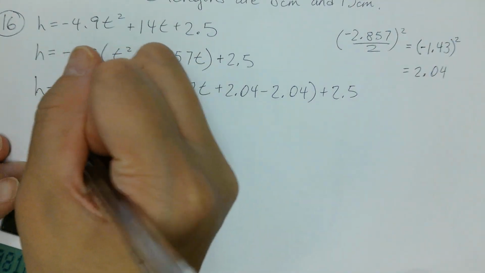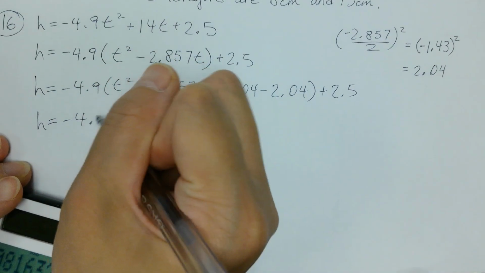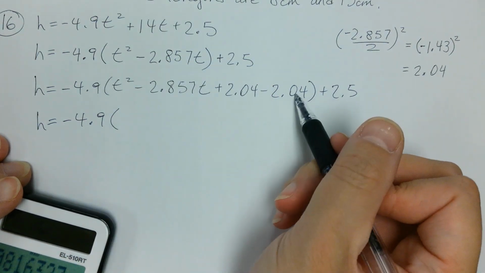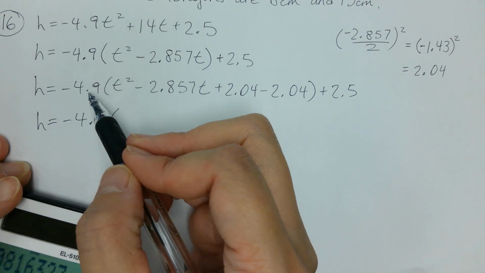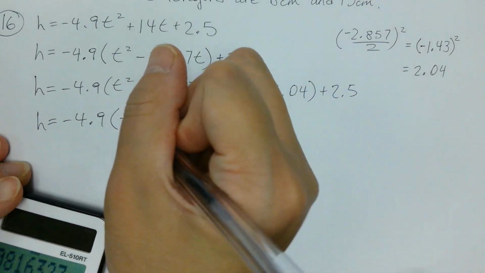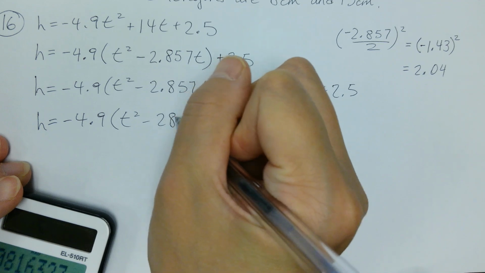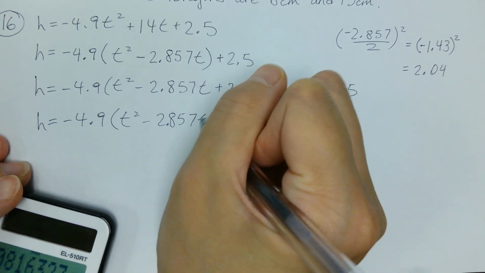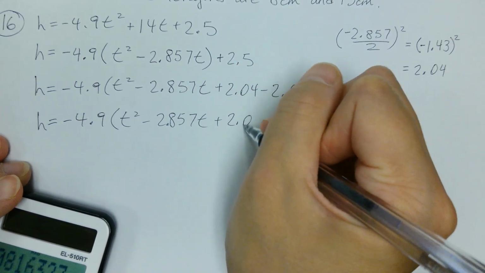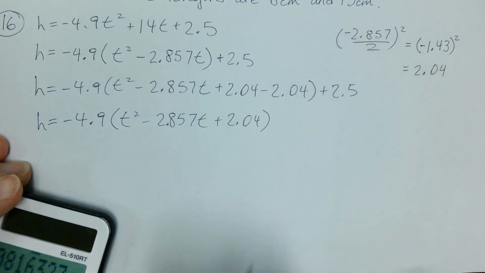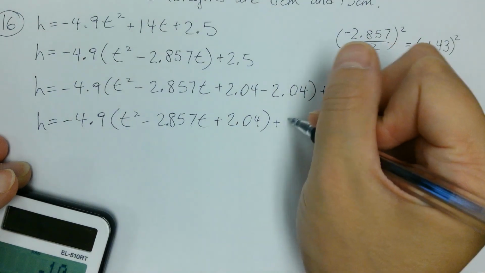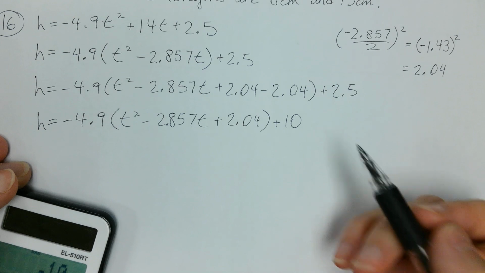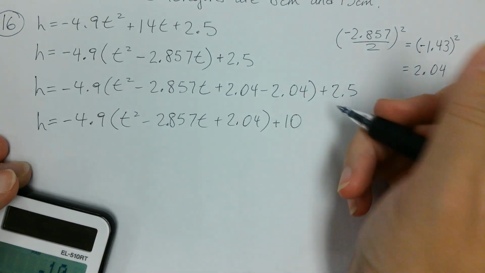H equals, now I'm gonna factor out that fourth term. When I factor it out, remember I have to multiply it with this negative 4.9. So this times negative 4.9, I actually get a nice whole number. I get a 10.